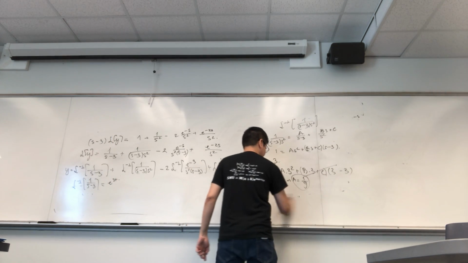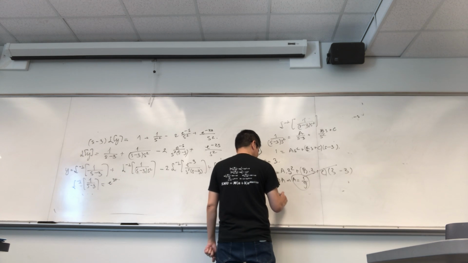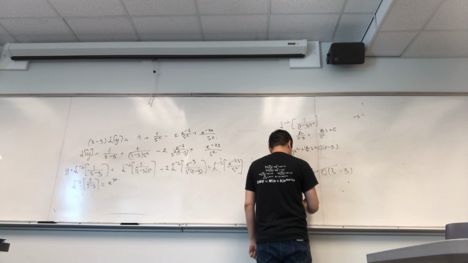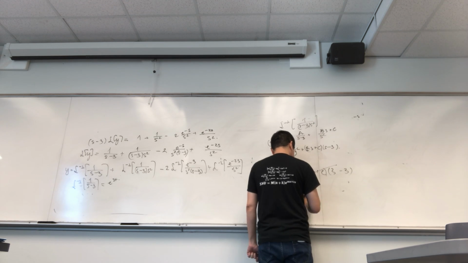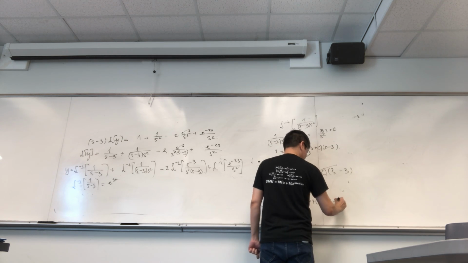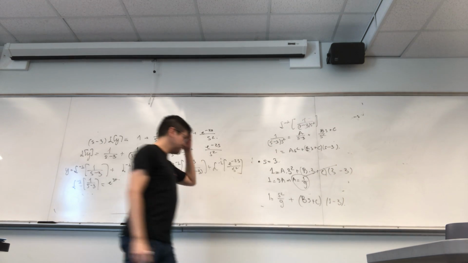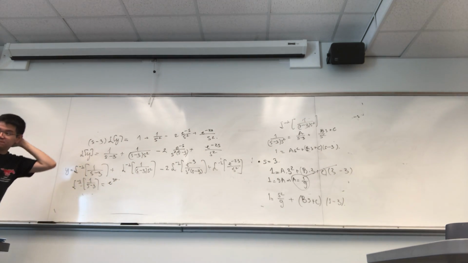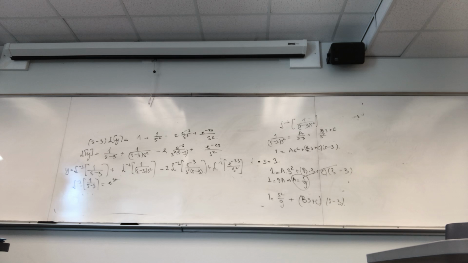So then I have 1 is s squared over 9 plus bs plus c, times s minus 3. What is the next step?